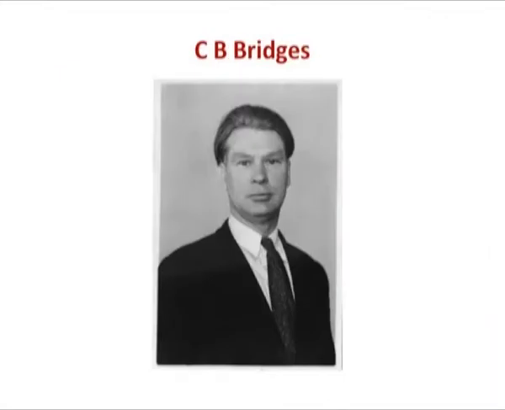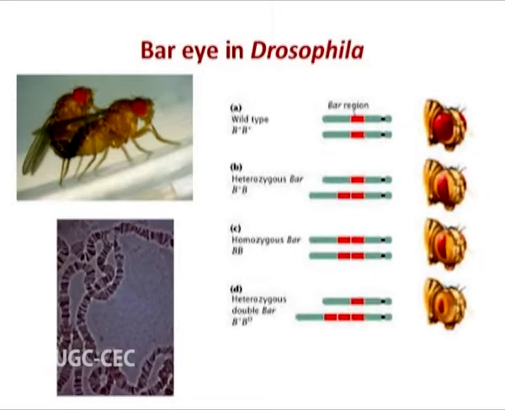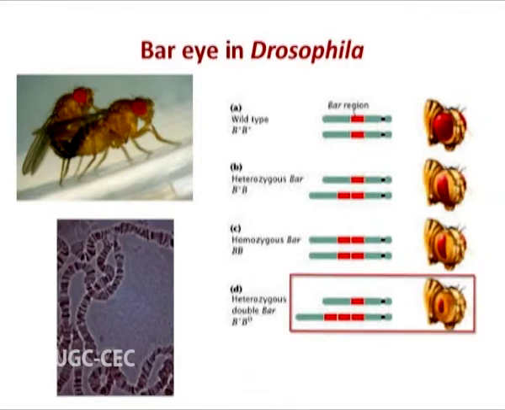The classical studies of Bridges showed this trait to be associated with the duplication of a segment of the X chromosome called section 16A, as observed in salivary gland chromosome. Each added section 16A intensifies the bar phenotype. However, the narrowing effect is greater if the duplicated segments are on the same chromosome.